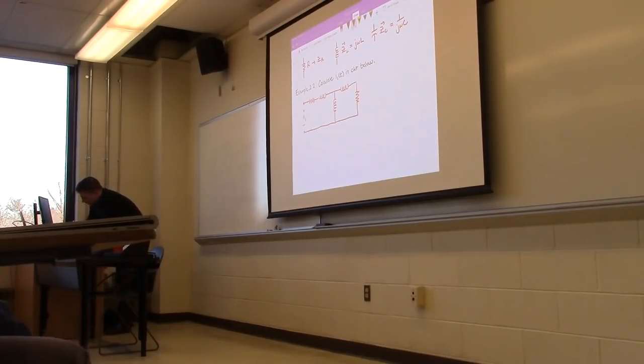Okay, so this is 7 ohms. This is J 0.2 ohms. This is J 15 ohms. This is J 0.5, and this is 0.3.